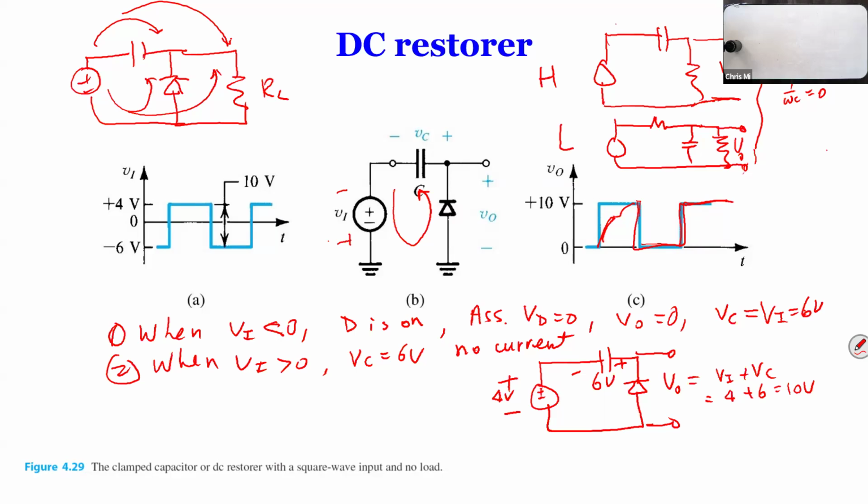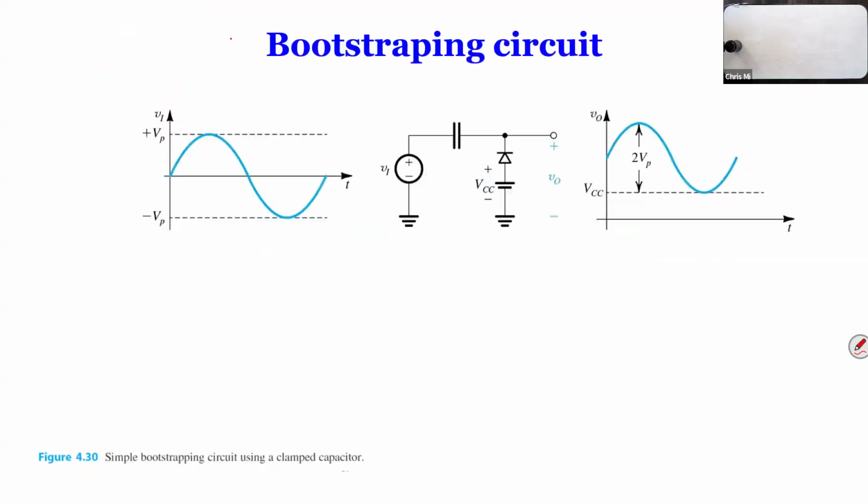If you want to get some current to supply your load, that's not going to work. So to solve this problem, you can combine this one with our super diode. Right, so this is how it works. Now you've got a DC restorer and a super diode. Now you've got everything you need. It's very interesting.